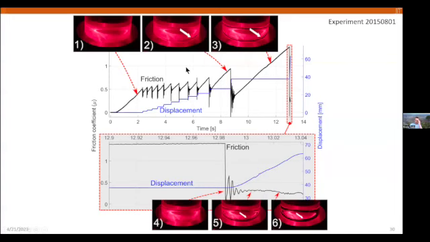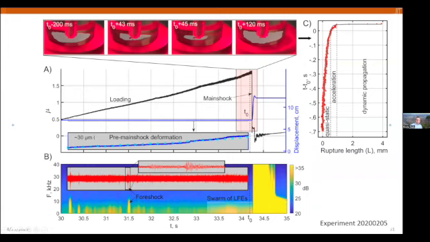Okay, what can we see from here? Well, using the high-speed camera, we can see the evolution of the melt during the slip. And that's an extremely interesting thing. We can also analyze the rupture length, and we can see that the rupture length can be fit with a typical equation, right, for a typical theory for that. We can, for example, look at the dimension of the welding patches, right?